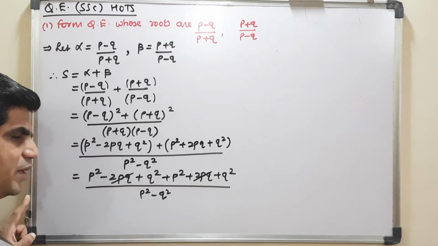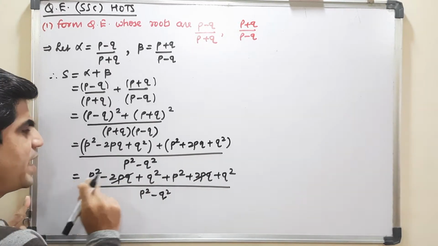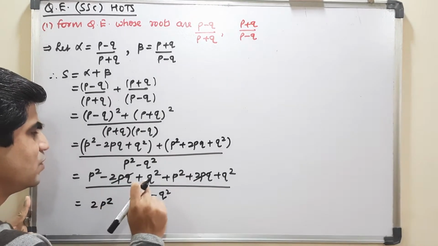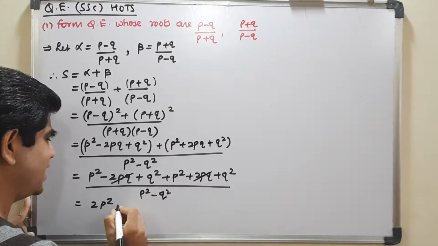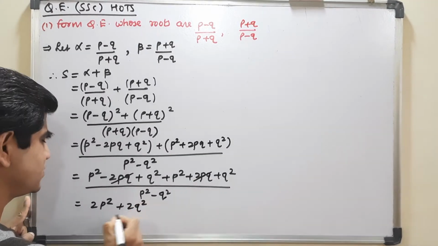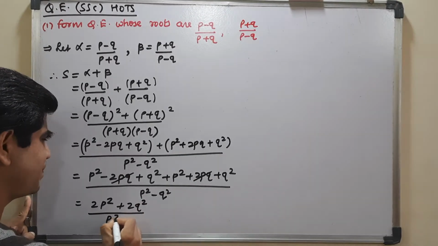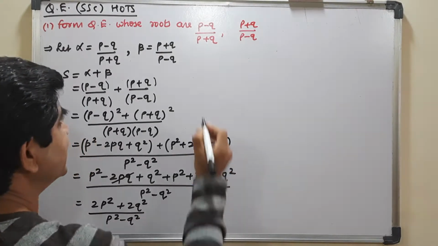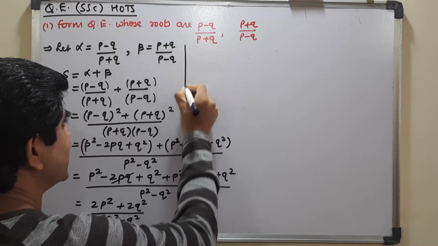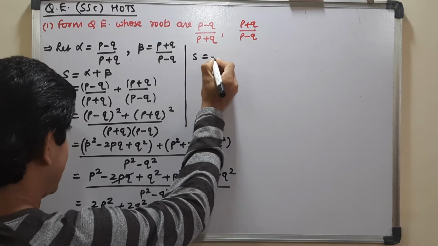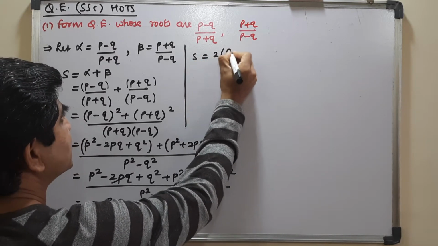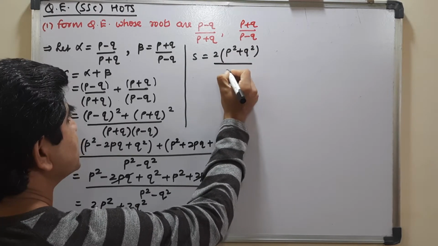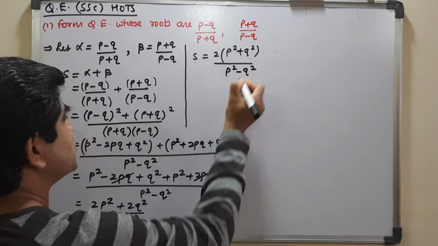Here it is 1 p square plus 1 p square, that is equal to 2p square. 1 q square plus 1 q square, that is equal to 2q square, upon p square minus q square. So I take this s as 2 into bracket p square plus q square upon p square minus q square.